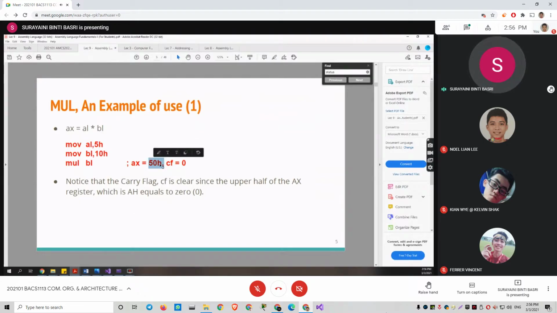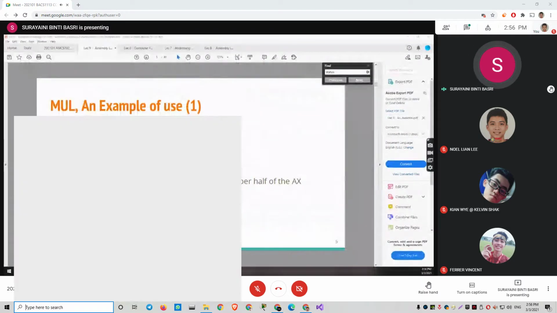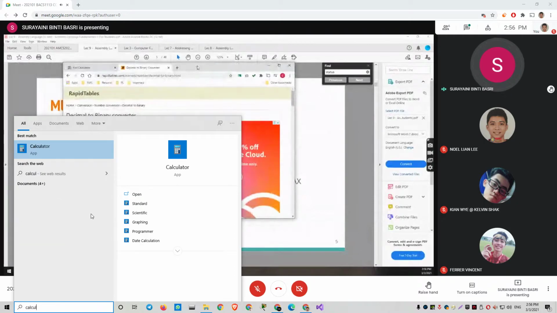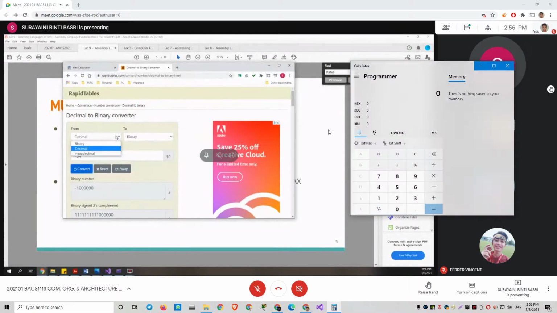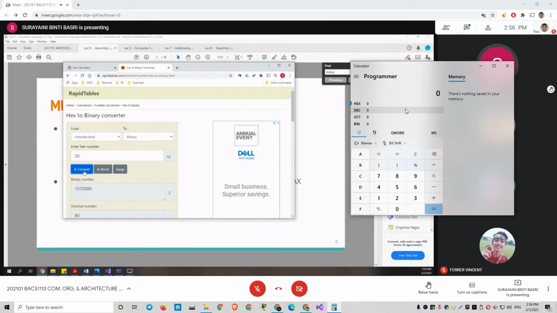If you don't believe it, you can go to any online converter, convert that hexadecimal to binary, and see how many bits it has. 50 hexadecimal, when converted to binary, only has 7 bits.